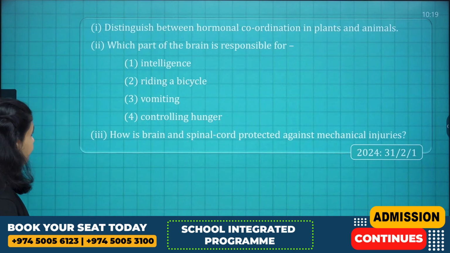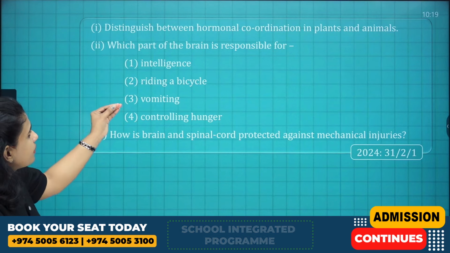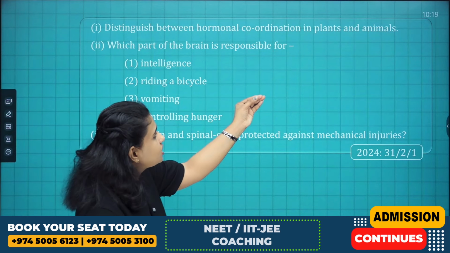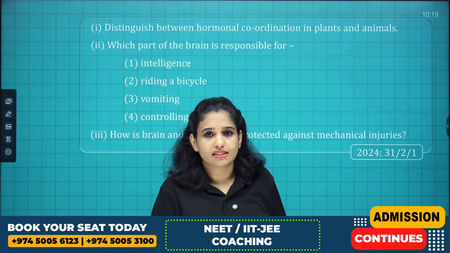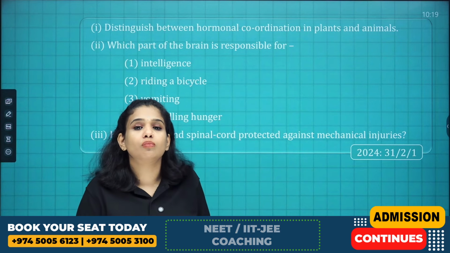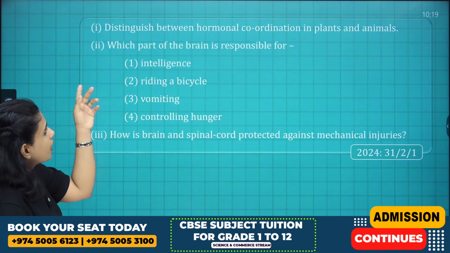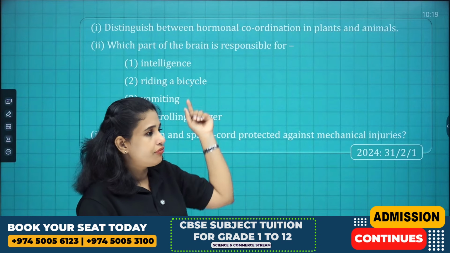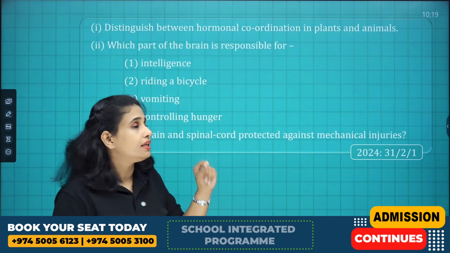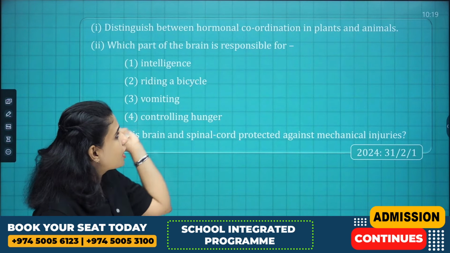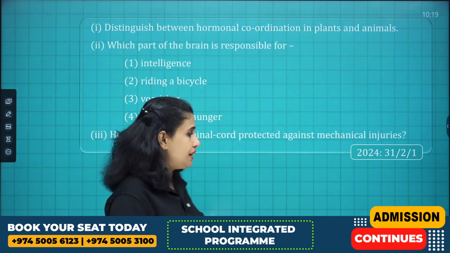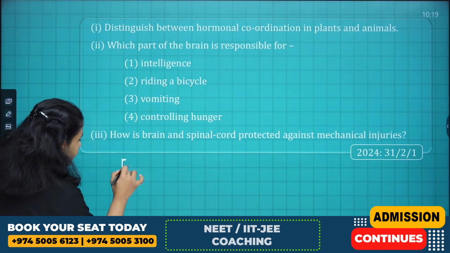Next question. Distinguish between hormonal coordination in plants and animals. Also, which part of the brain is responsible for all these functions? First, let us see the difference between hormonal coordination in plants and animals.